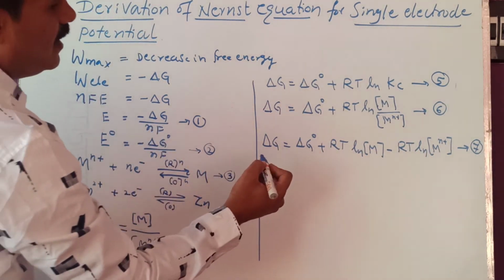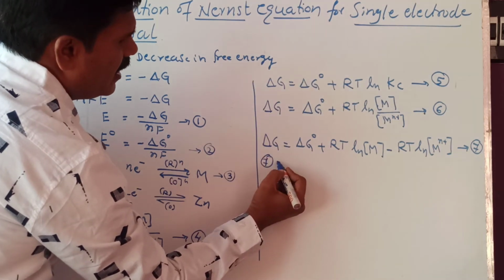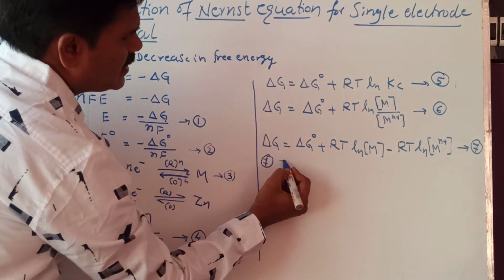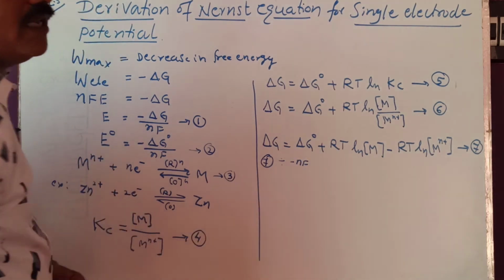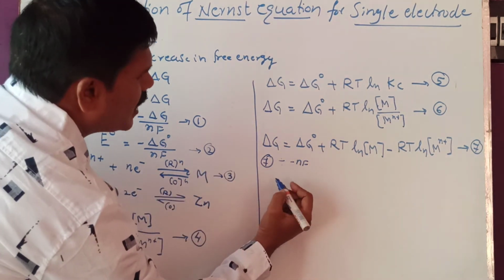Let us divide the entire equation 7 by minus NF. That gives equation 8.